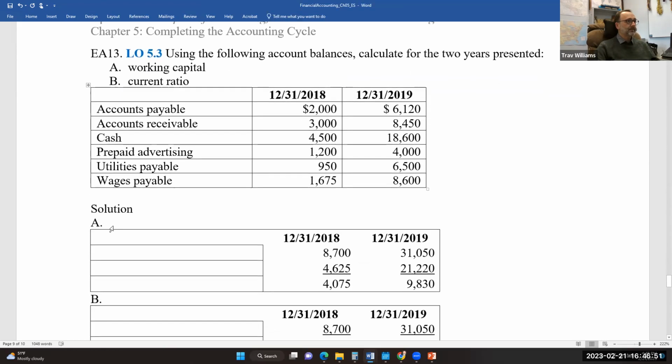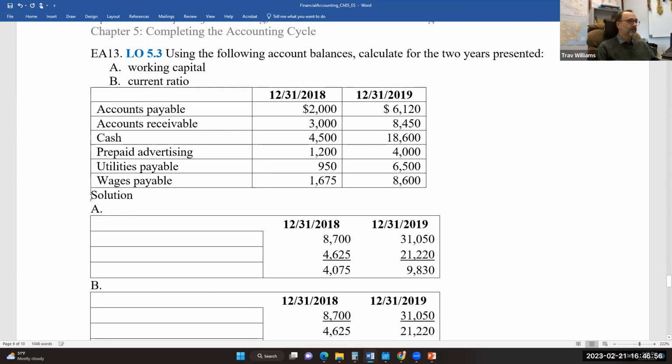In this case, we've got the numbers. We need to fill in the account names or category names. So we see in 2018, this company has $8,700 of what?